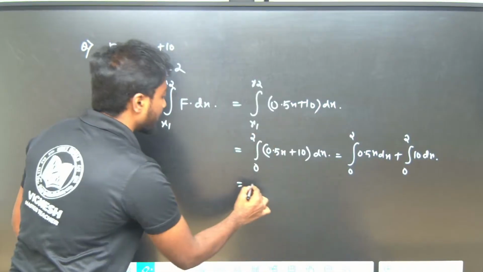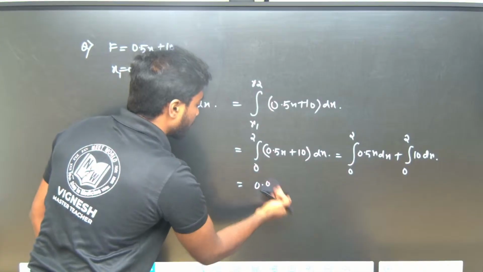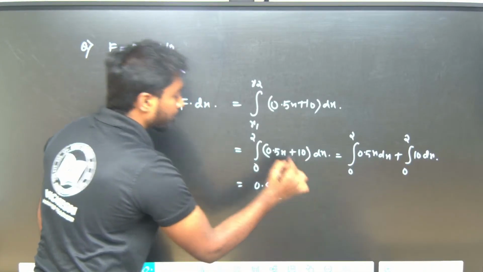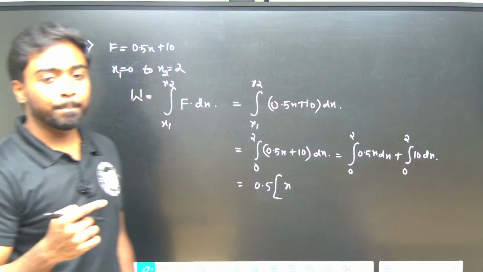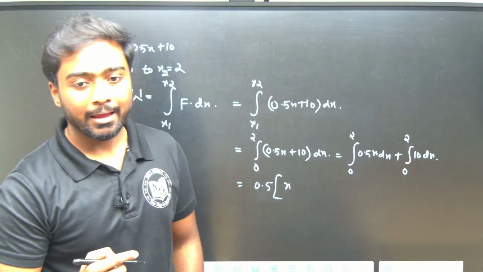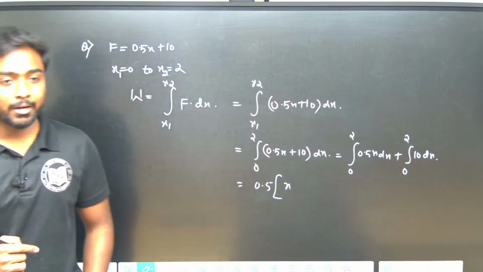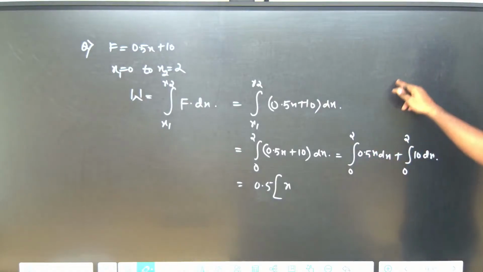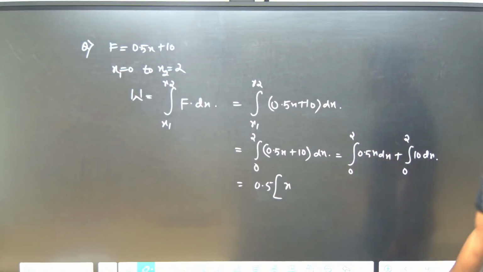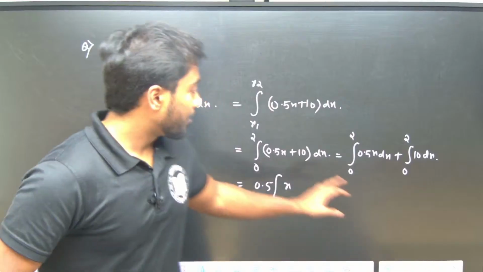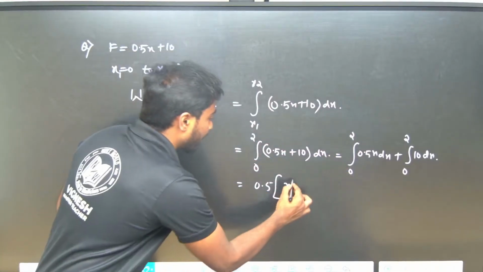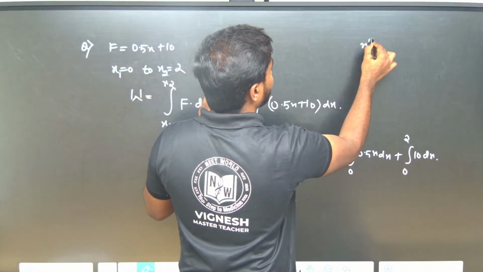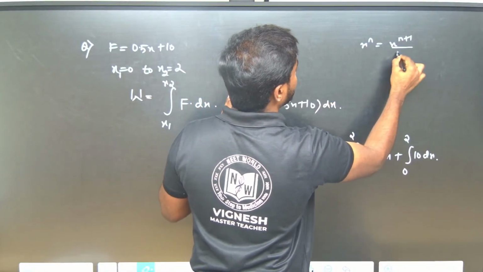The integration of x is x power n plus 1 by n plus 1, so x power 1 becomes x square by 2.